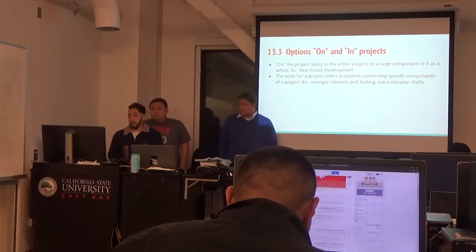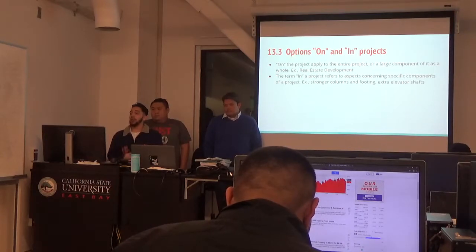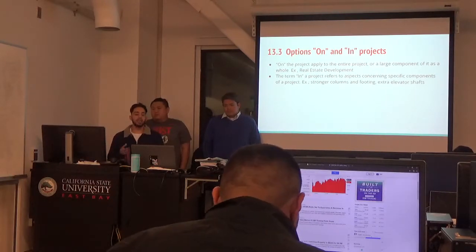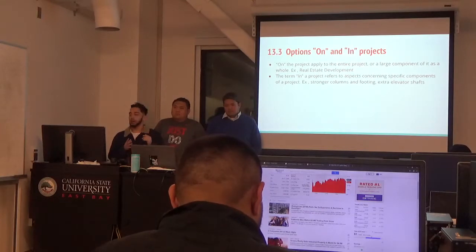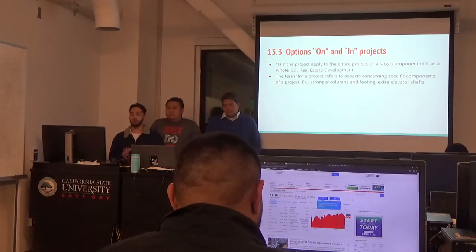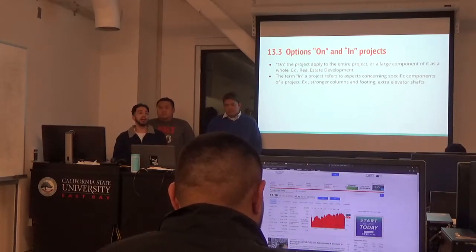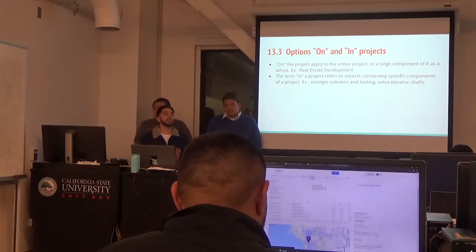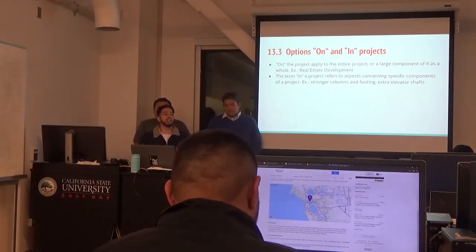And then options on and in the projects. The way to think of it is that an option on a project treats the project as a whole, like a real estate project as a whole.